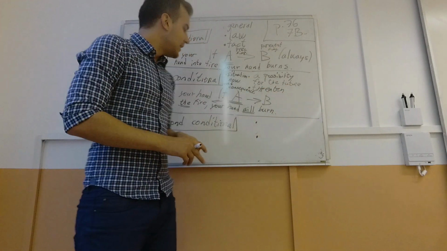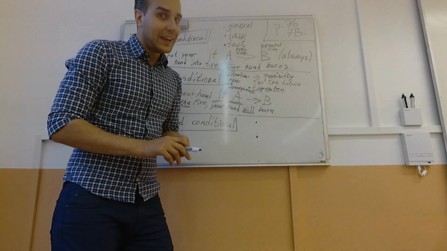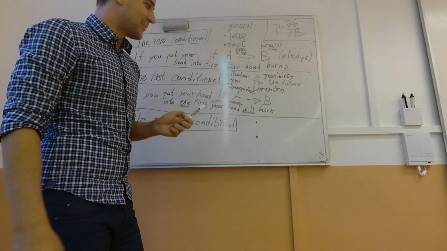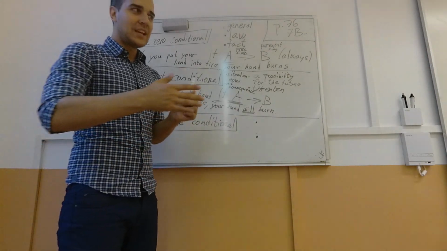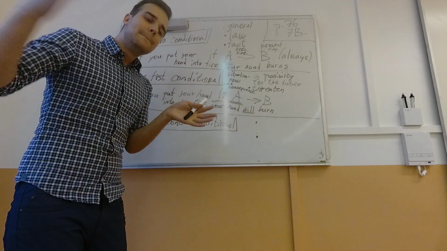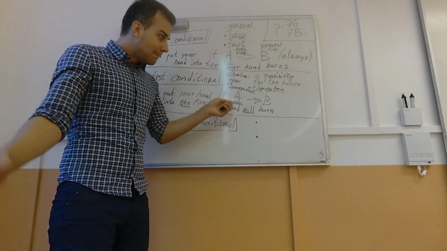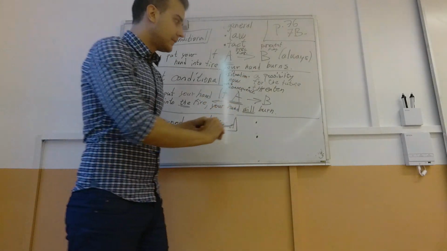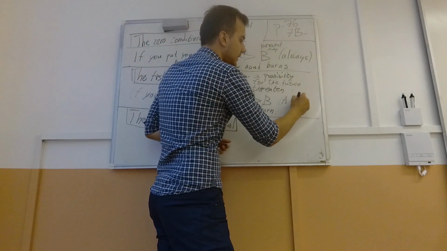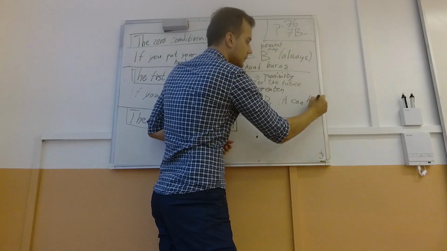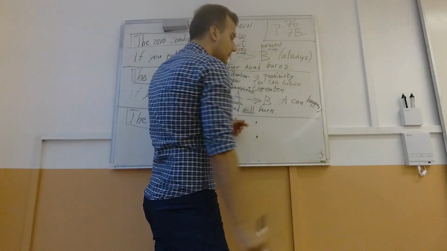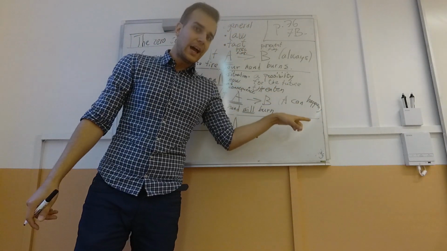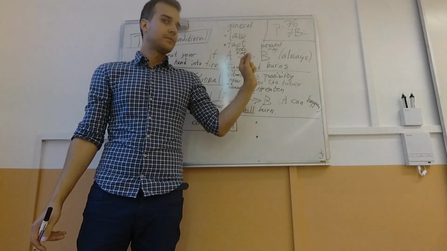So you can say, if you don't stop talking, I will put your hand into the fire, for example. Alright? So you say, if A happens, B will happen for sure. But A is a possibility. It can happen, alright? A can happen. Alright? And I know that if A happens, B will happen as a result.